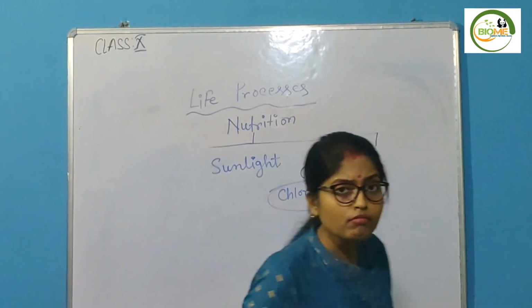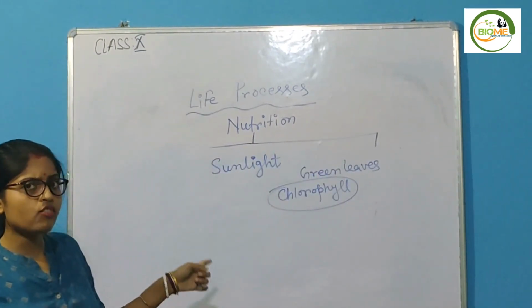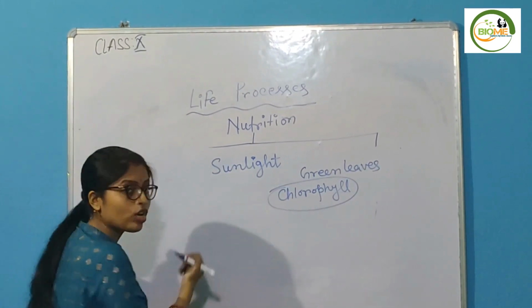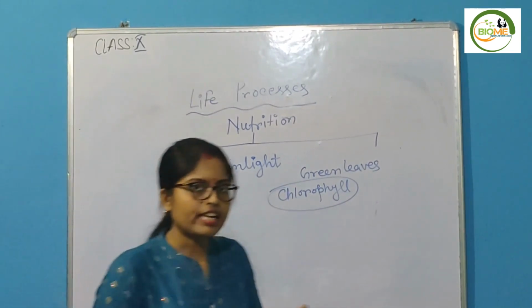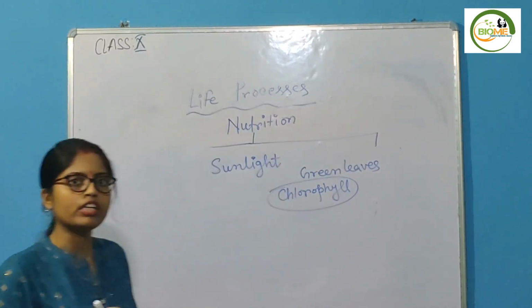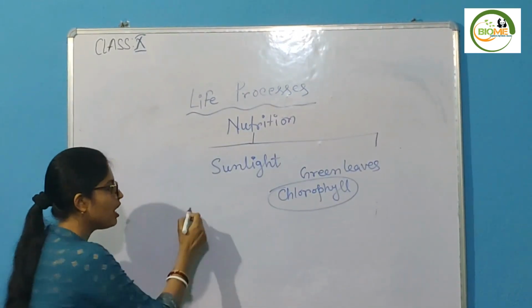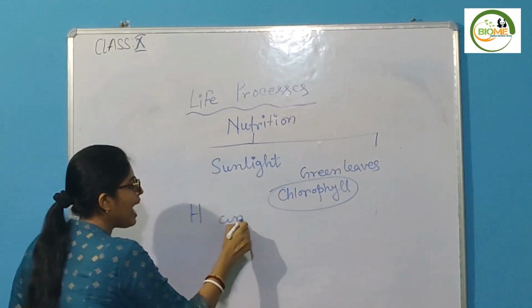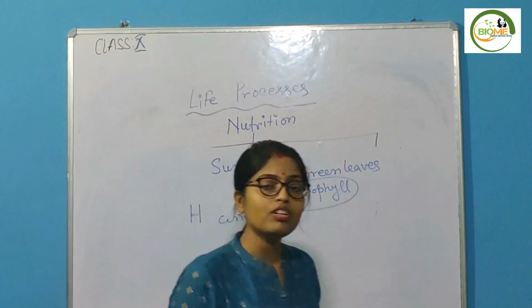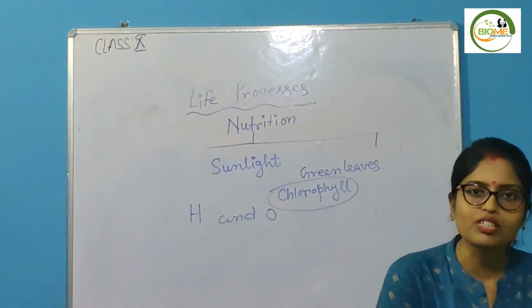Second, after trapping sunlight, the water that is taken by the plant body from the soil breaks down into hydrogen and oxygen. So the second step is the splitting of water.